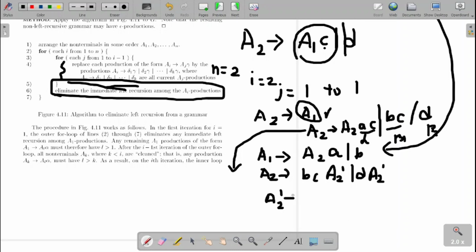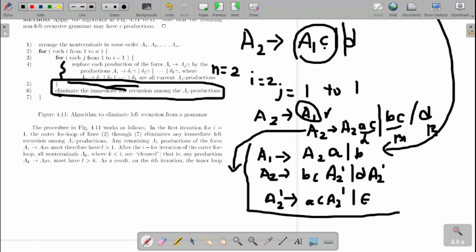What is our alpha over there? Alpha is AC. That is AC A2 dash, or epsilon. So this is my resultant grammar after eliminating the left recursion. Fine. I hope it is clear.